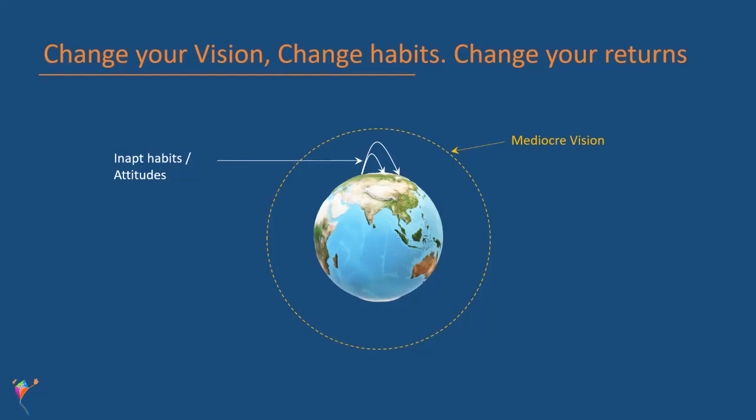And most of the time, retail investors' vision is very small, very mediocre. He is always looking for 20% returns from a stock. So whenever he achieves 20% or 25% returns from a single stock, he quits and then tries to find some other stock.